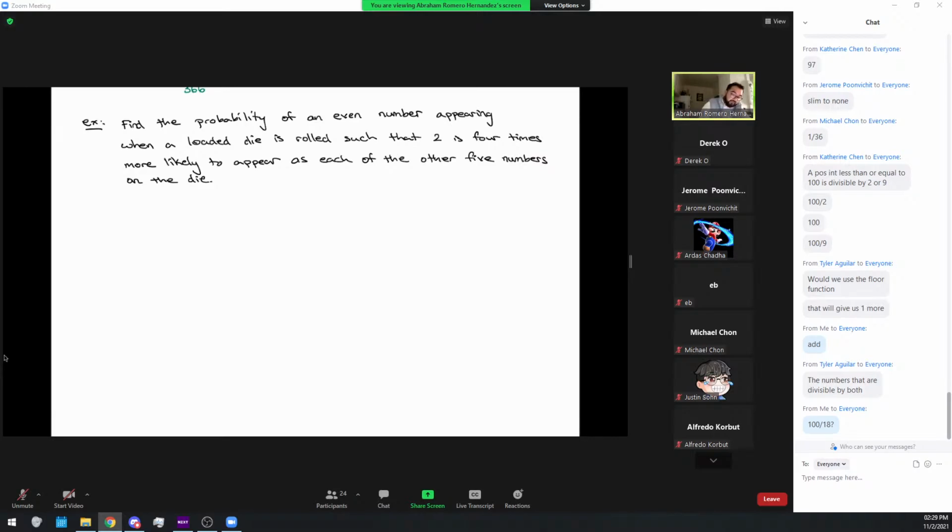So how do we do this? Well, here we go. Find the probability that an even number appears when a loaded die is rolled such that 2 is 4 times more likely to appear as each of the other 5 numbers on the die.